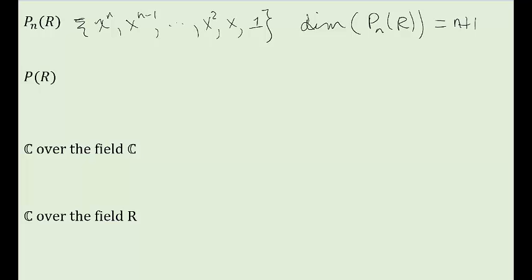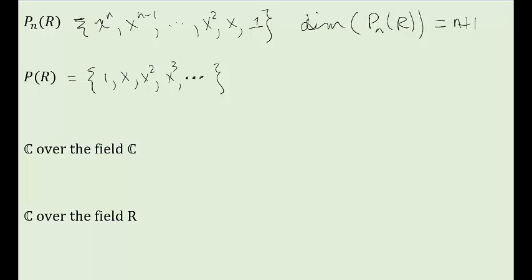Now, here we have the set of all polynomials with real coefficients. So this is an example of an infinite dimensional space. We have 1, x, x squared, x cubed, and all the powers of x. So we see that this is an infinite basis. It is countable. In other words, it is in one-to-one correspondence with the natural numbers, but this is infinite dimension.